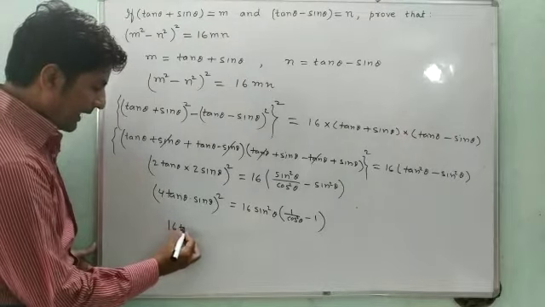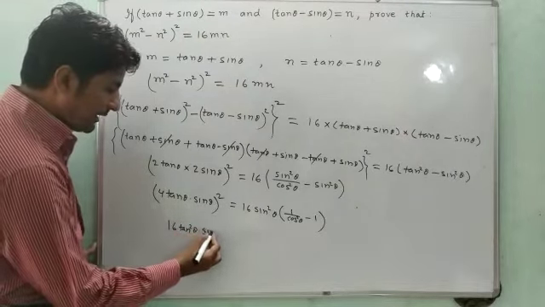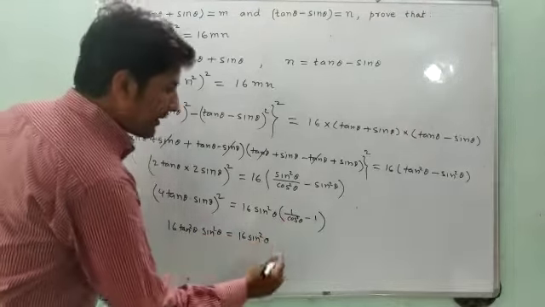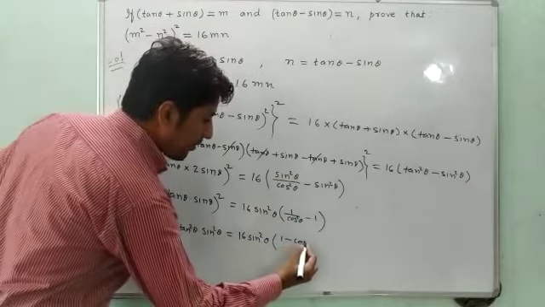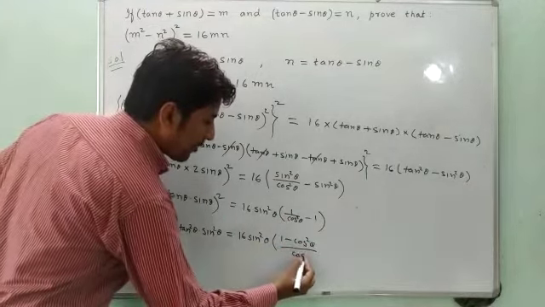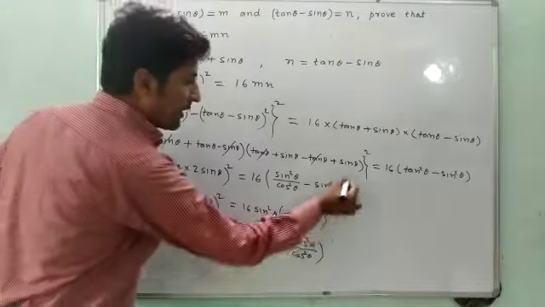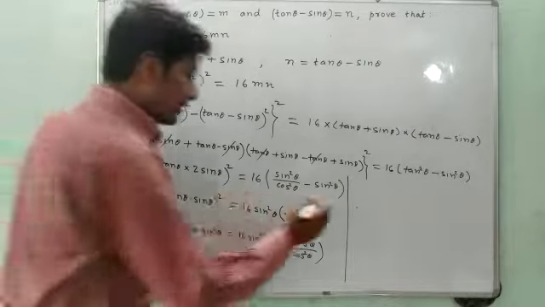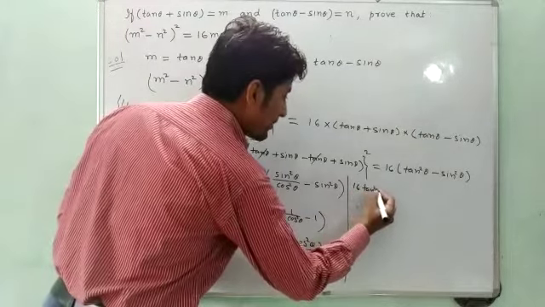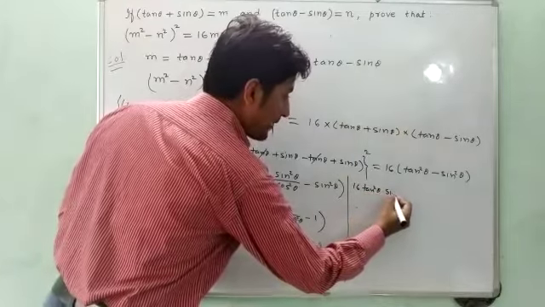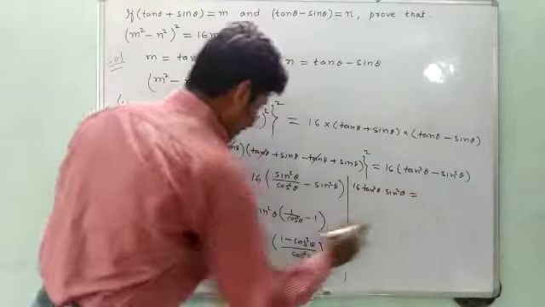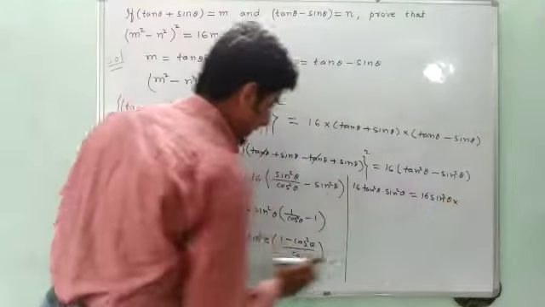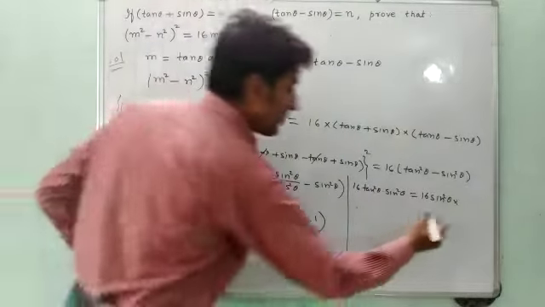Then we will have tan square theta into sin square theta equals 16 sin square theta is already there. Now here we can take the LCM, so we can write here (1 minus cos square theta) upon cos square theta. Next, 16 tan square theta into sin square theta will be as it is, no change. So we can write here 16 tan square theta into sin square theta equals 16 sin square theta multiplied by (1 minus cos square theta) equals sin square theta.